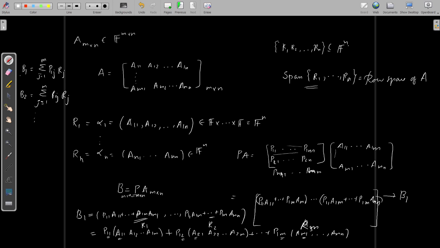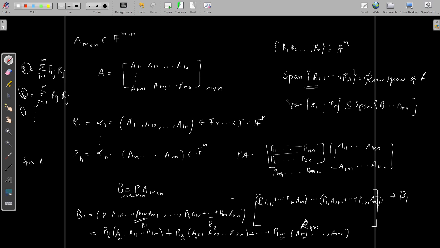So this shows that the row space of A, otherwise the span of R1 etc. Rm, is such that if we choose an element from this span, that element can be expressed in terms of B1, B2 etc., the rows of B. So the span of these vectors is contained in the span of B1 etc. Bm, since we have m rows.